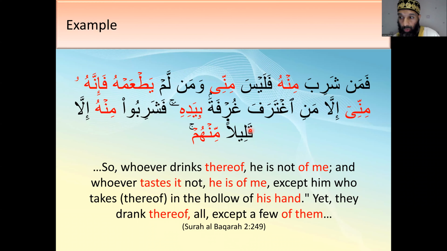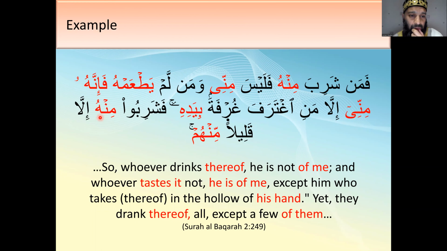Right? So the whole point of this was to show you how many times it's coming, and this is not even a full verse. So minhu, minni, yat'amhu, fa'innahu, minni, biyadihi, minhu, minhum, everywhere. Why is it not minha? Because it's talking about something masculine.